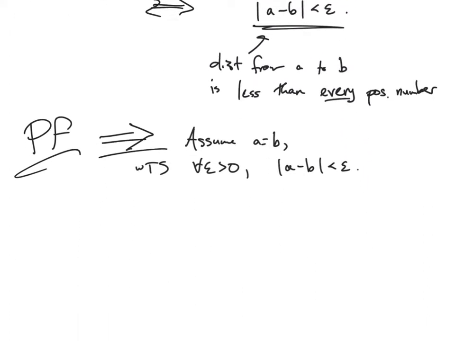If you want to show something is true for all epsilon greater than 0, I could say something like, let epsilon be greater than 0, and I want to show absolute value of a minus b is less than epsilon. Anybody think you can do this? If you look at your assumptions, I think it's not so hard to connect the dots. What do you think?